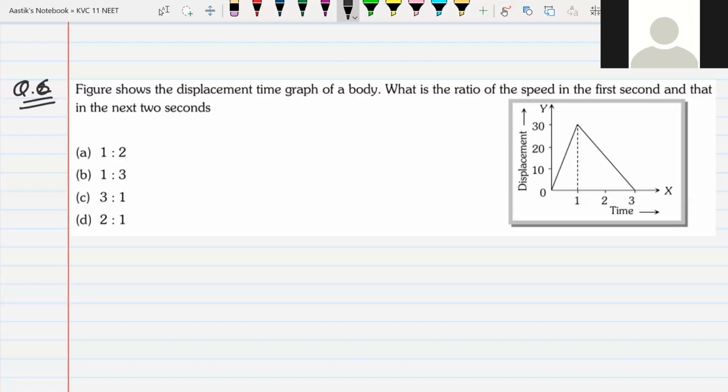Option D, sir. Option D is correct, sir. Well done, sir. To find out the speed or the magnitude of velocity in the first second, we have to find the slope of this graph, graph number 1.